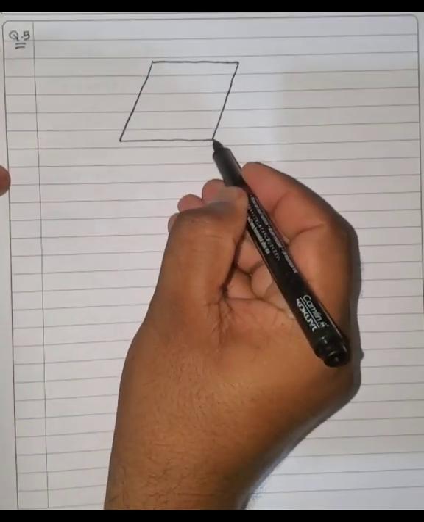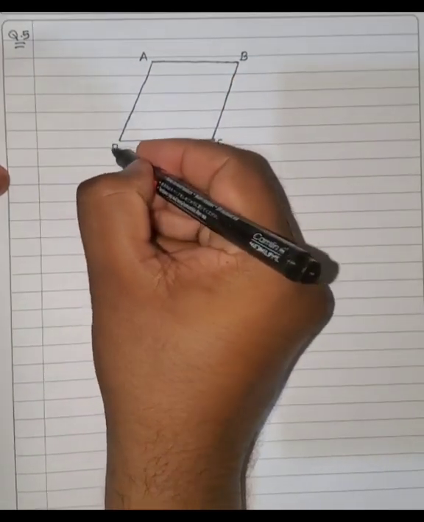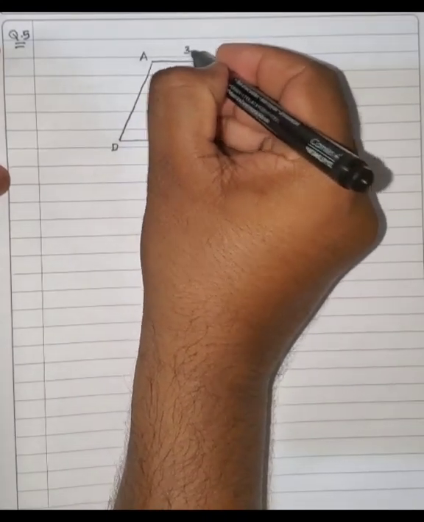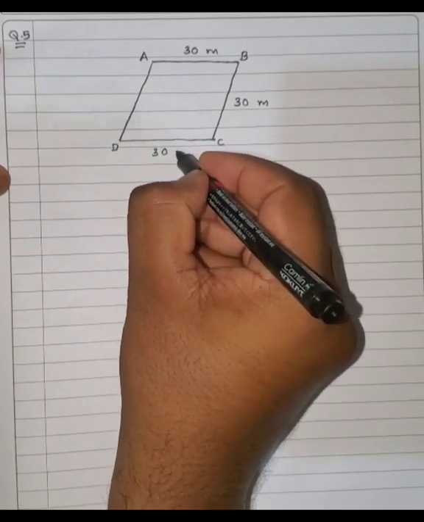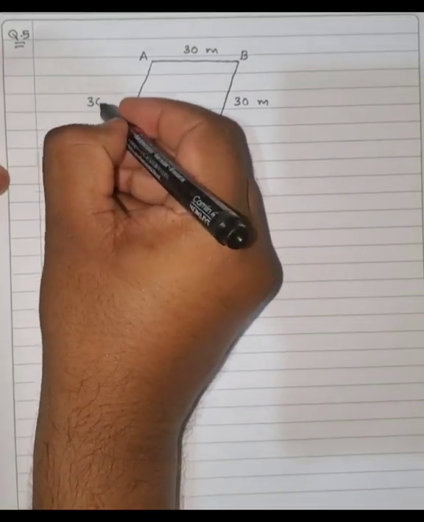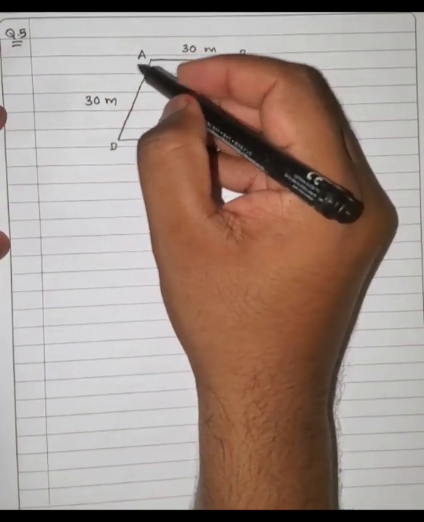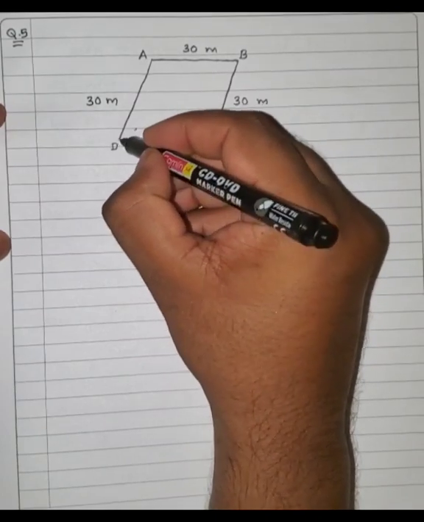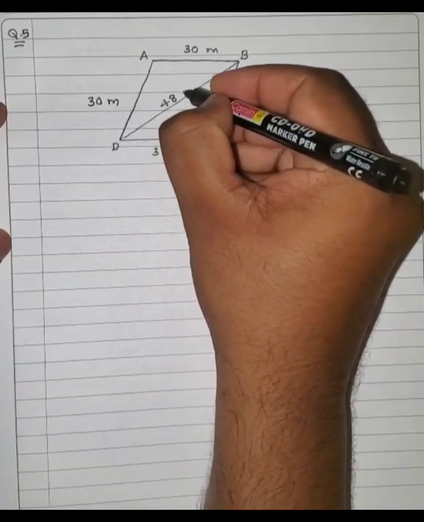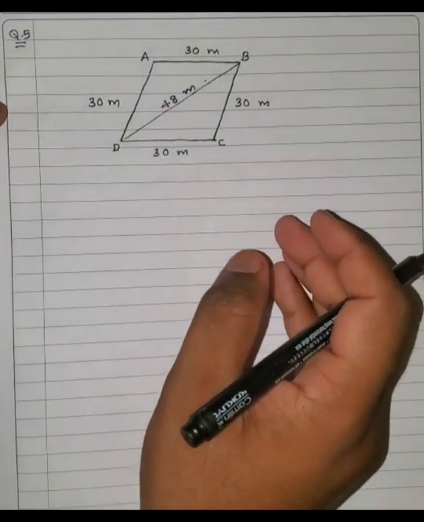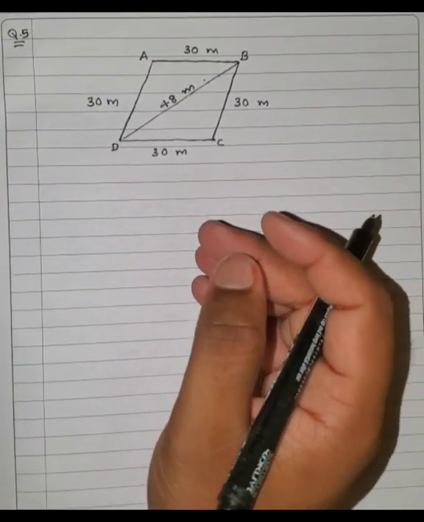It has been given that the side of the rhombus is of 30 meter. So all the sides would be 30 meter in length. And it is given that the diagonal is of the length 48 meter.